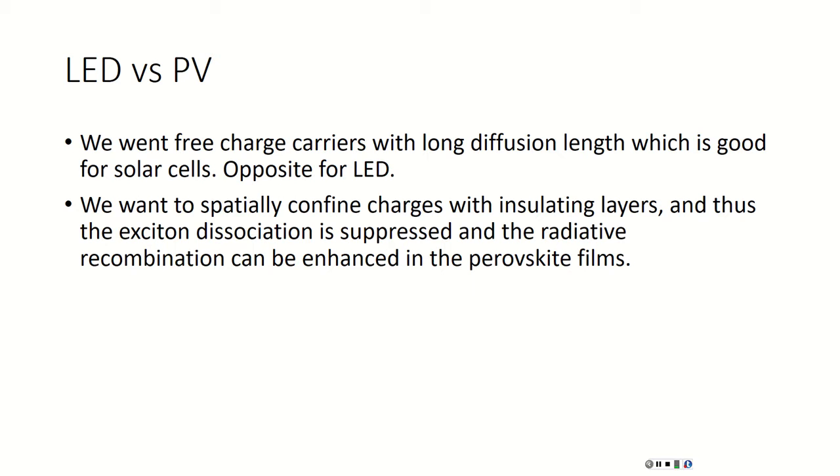So you're saying that for LEDs you don't want long diffusion lengths, where for PVs you do. Yes. So then it comes back to the question: how are you exciting your LEDs? Are you trying to have a current go in, so electrons go in and then they recombine?